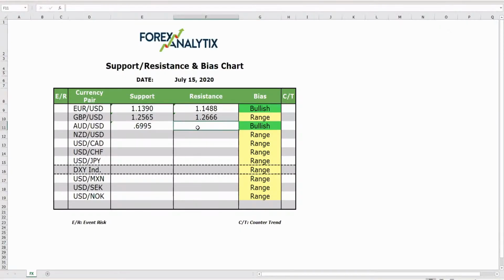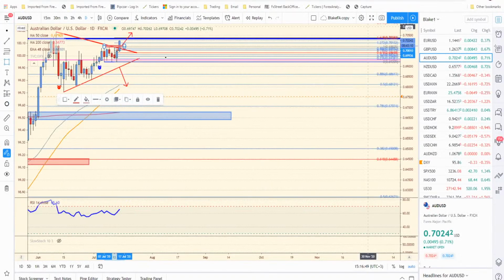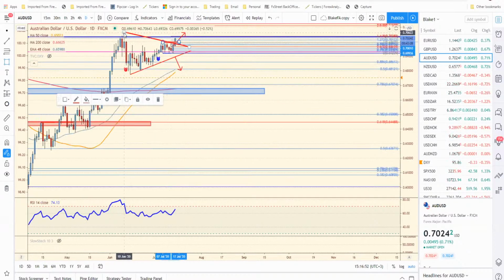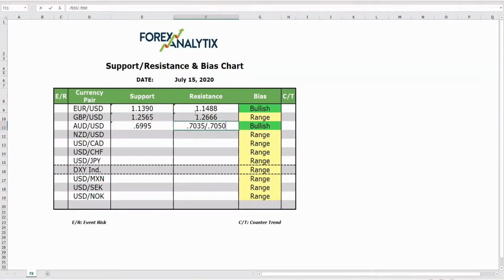And then above that, so it goes 70.35, 70.50. The reason why I do 70.50 is because obviously the spike high up here is 70.60, 70.62. Okay, trying to cruise through these guys.